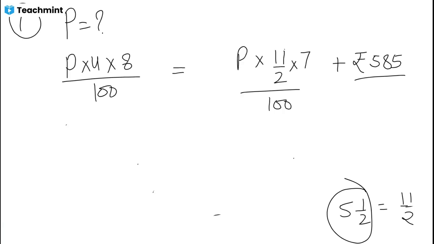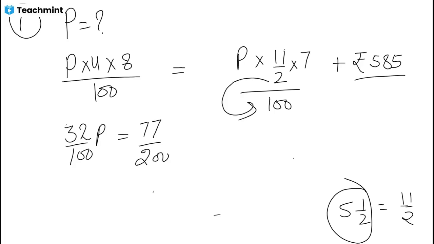Okay, so now take the sign of equality here, and let us simplify. So this is 32 by 100 into P is equal to 77 by 200 into P. You know why? Because we are multiplying these denominators. This is the rule of fractions: if you have a fraction in the numerator and a number in the denominator, we multiply the denominators. Plus rupees 585.